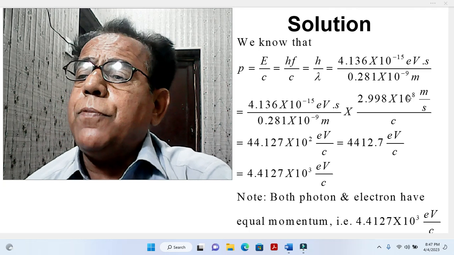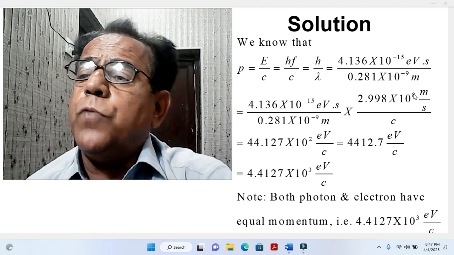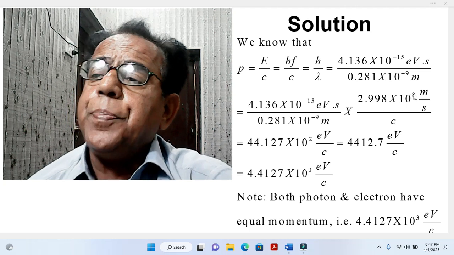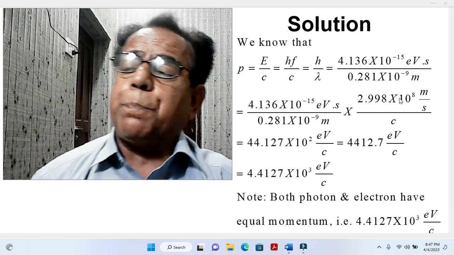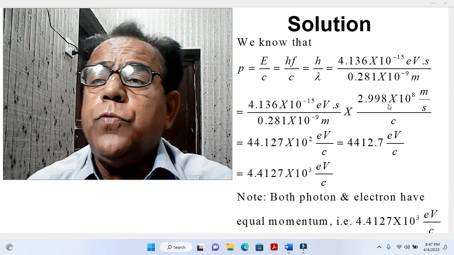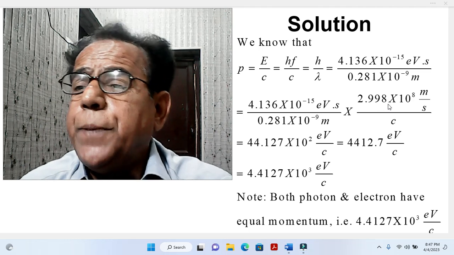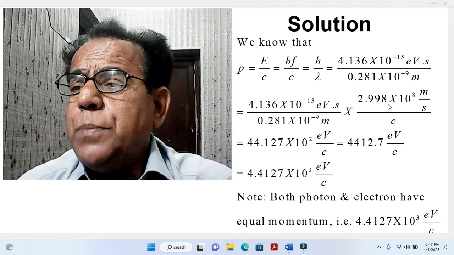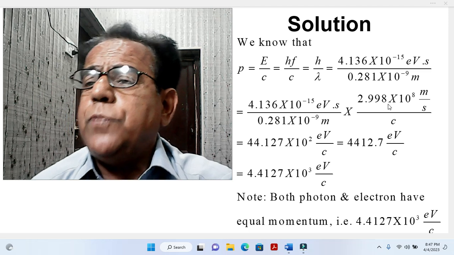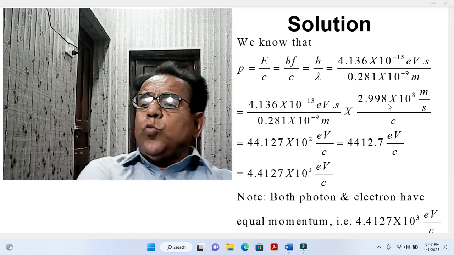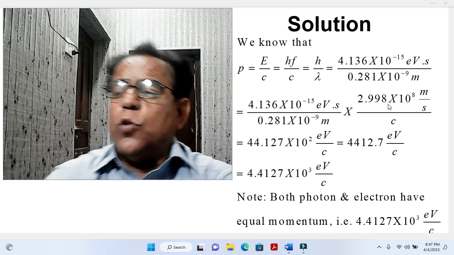So 10 to power 17 will predominate by 2 steps, that is, 10 to power 2 will remain. 10 to power 2 means 100. So when it is multiplied with 10 to power 2, we get 4412.7 electron volt over c.